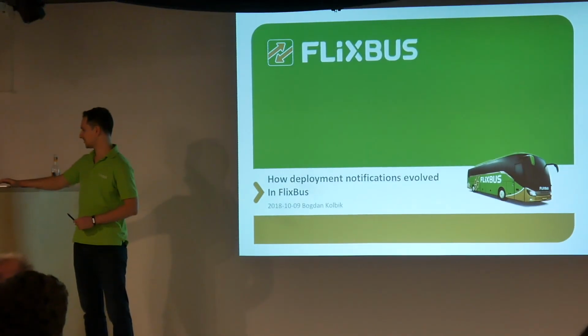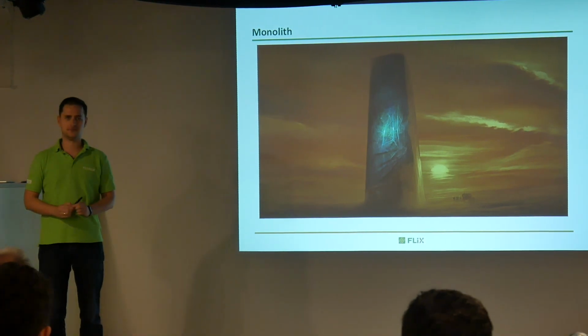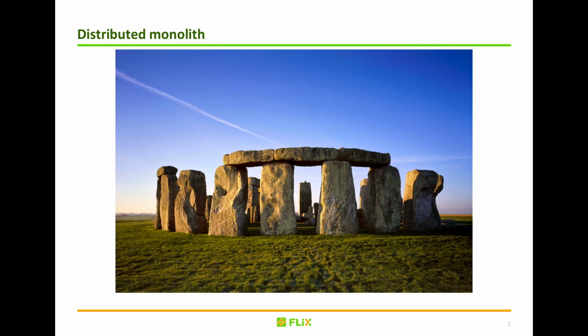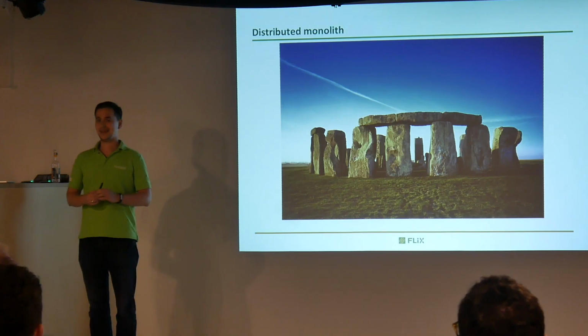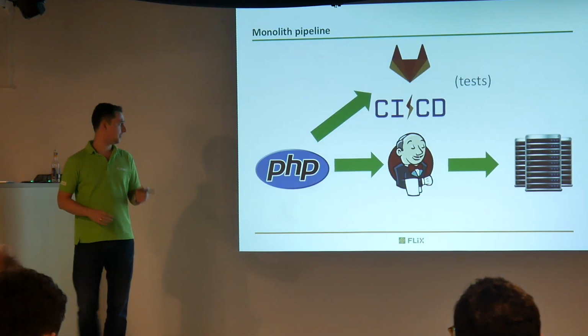And this story starts when I joined FlixBus. Probably something happened before, but who cares? And it starts with Monolith, as these stories usually start. But in our case, we have 3 highly coupled monolith systems, so it's kind of a distributed monolith already. And it has quite a simple pipeline.